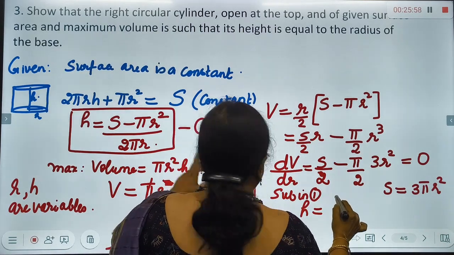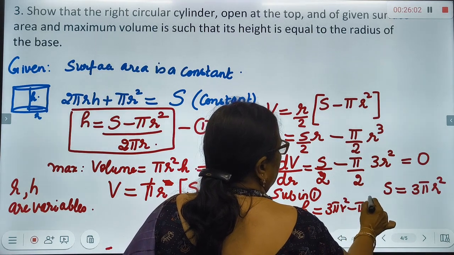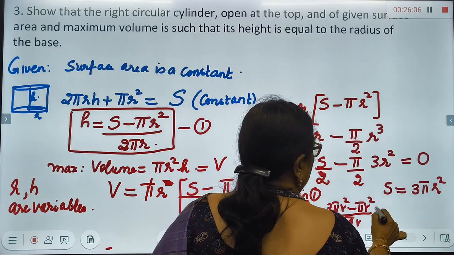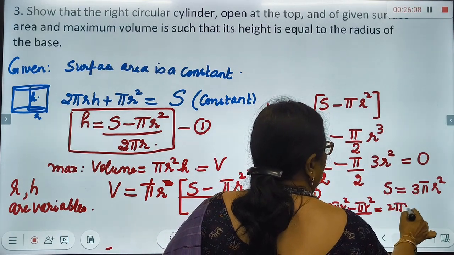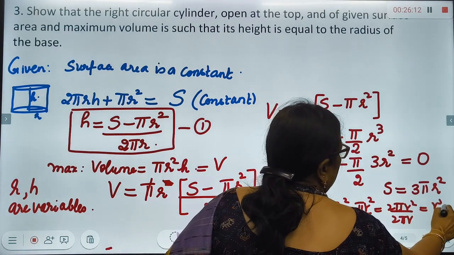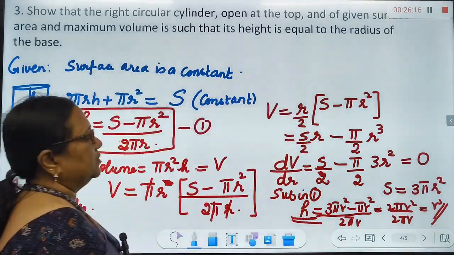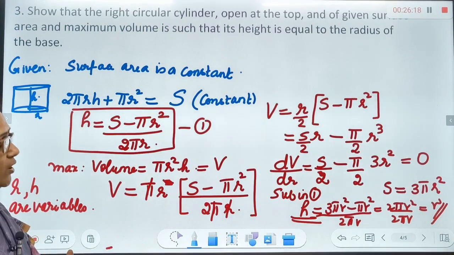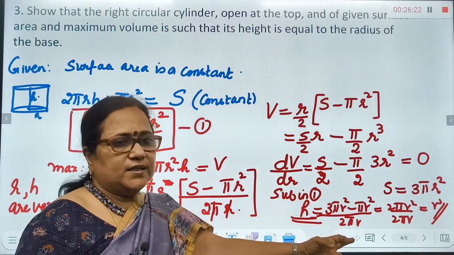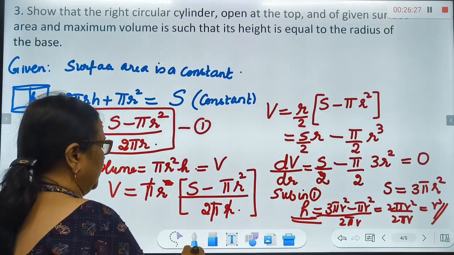S is 3 pi r square minus pi r square by 2 pi r. 2 pi r square by 2 pi r, which is r. So we have proved h is equal to r. We are speculating that at this critical point, the height should be the radius. We have proved that, but we have to confirm it using the second derivative.